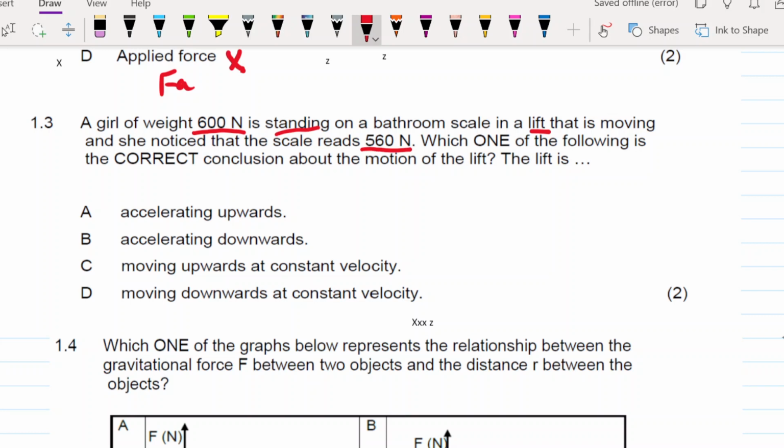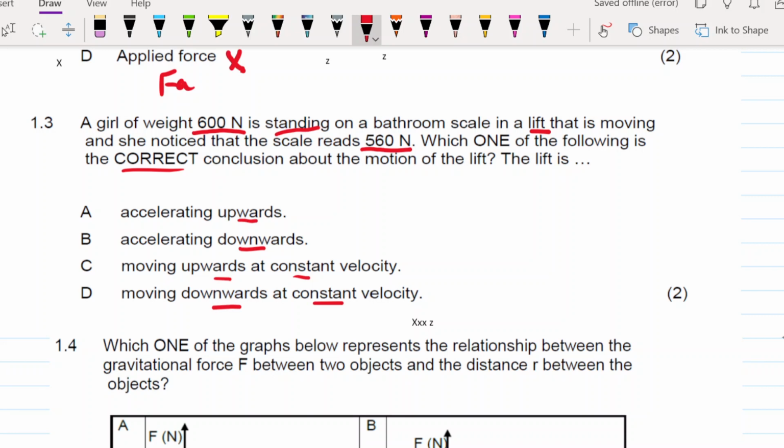Which one of the following is the correct conclusion about the motion of the lift? The lift is accelerating upward, accelerating downwards, moving up at constant velocity, or moving downwards at constant velocity.